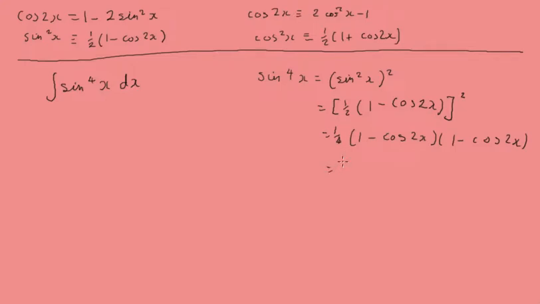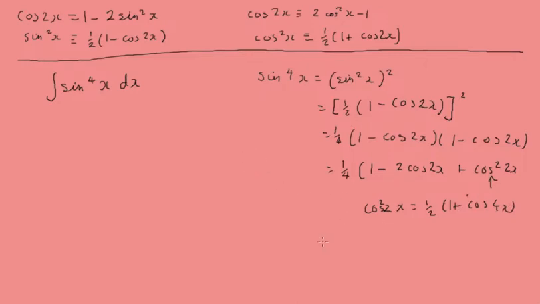So we'll have a quarter. This will become 1 minus 2 cos 2x plus cos squared 2x. But for this bit here, we know that cos squared 2x is going to be a half (1 plus cos 4x). So we're going to substitute this into here.